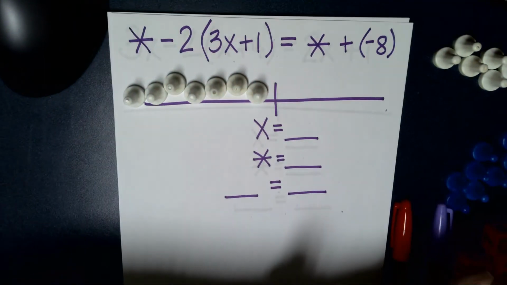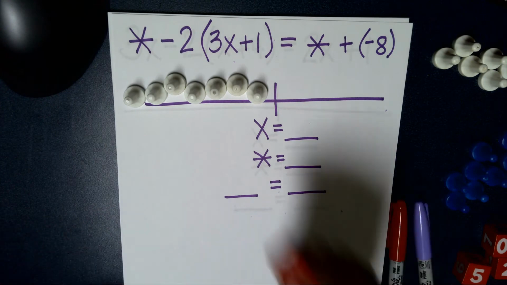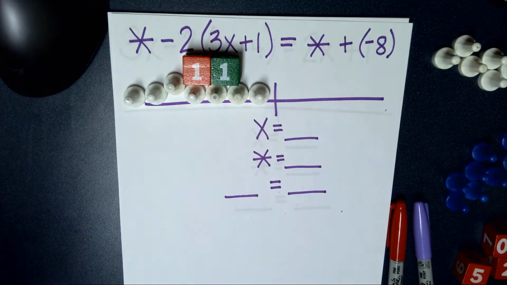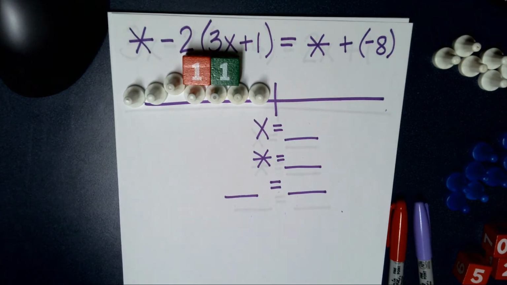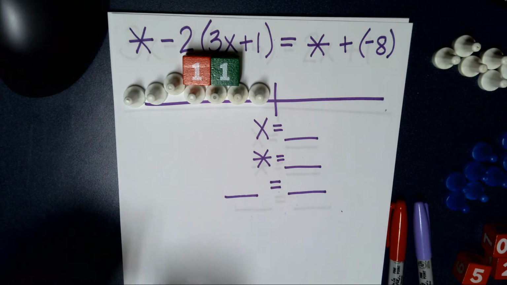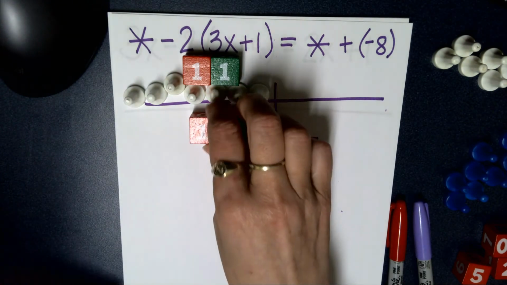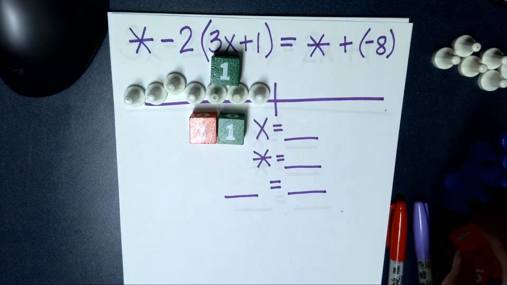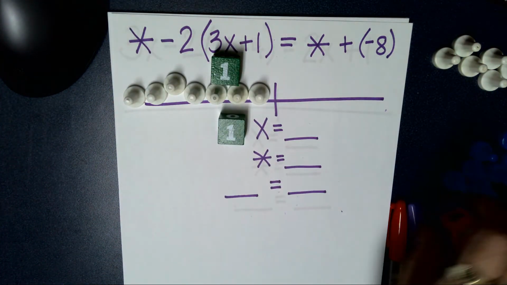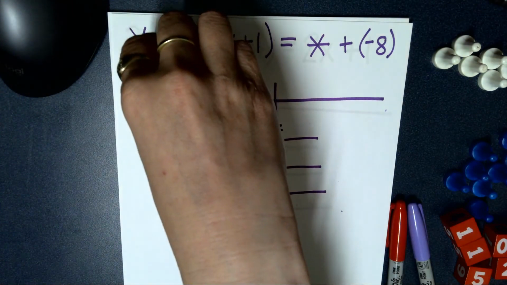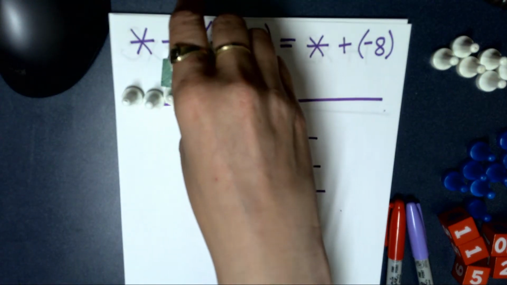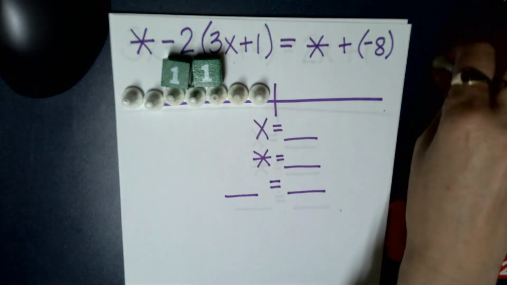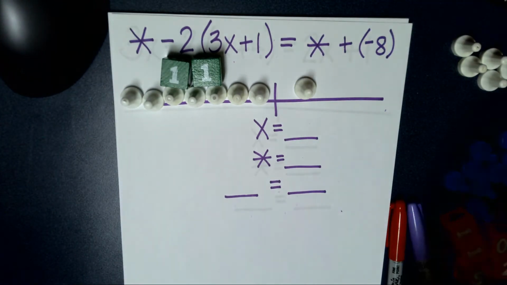So let's make 2 zero pairs. And it wants us to remove the positive one. And we're doing that twice. Sorry, it's a little messy. I made my balance a little too high up here. And on the right hand side we have a star and the opposite of 8.